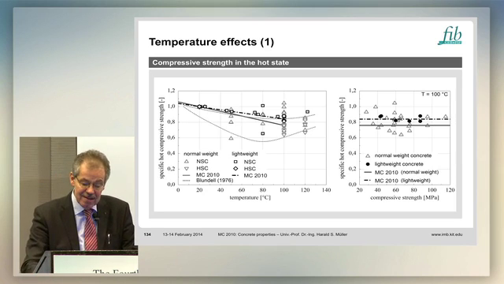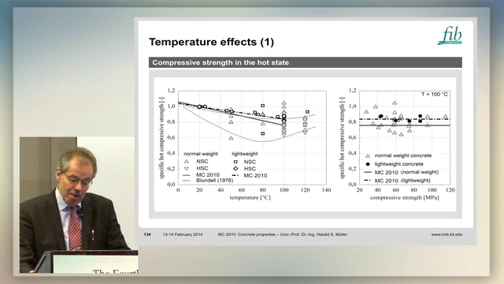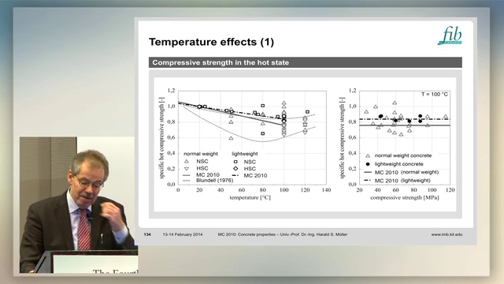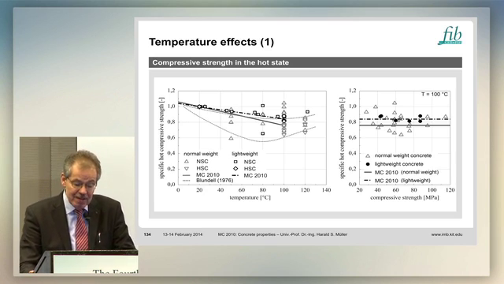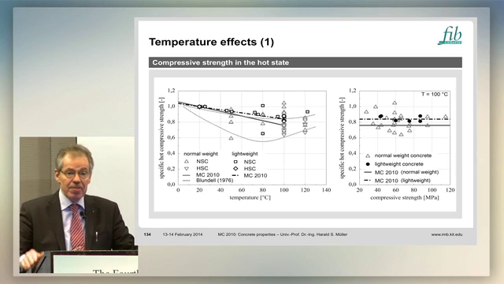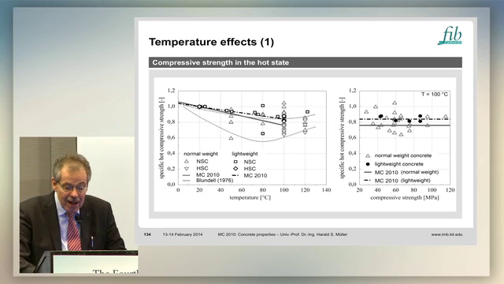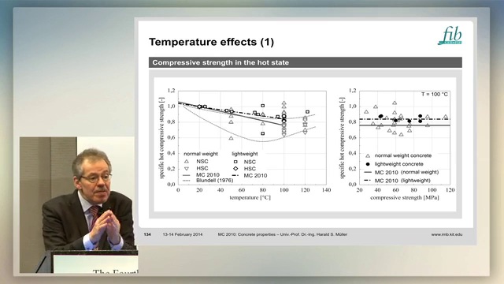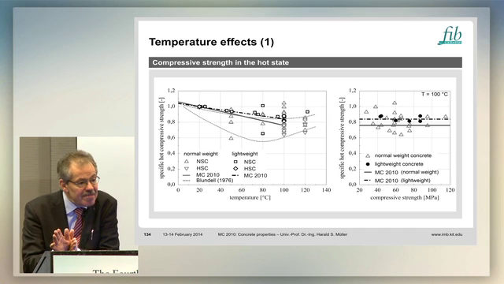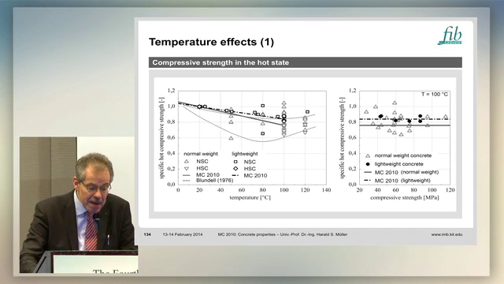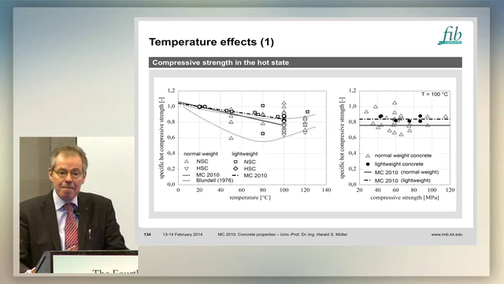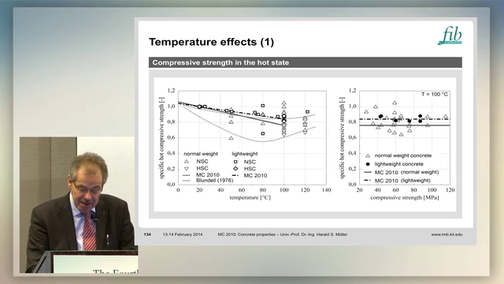On the right-hand side, you see the specific hot compressive strength over the compressive strength. And you found that the reduction, plotted for 100 centigrade, is roughly the same for all types of concrete. You have a clear dependency on the temperature, but no dependency on the compressive strength.